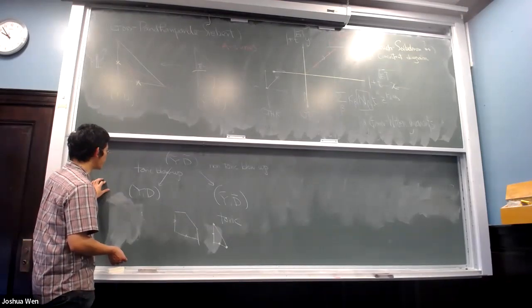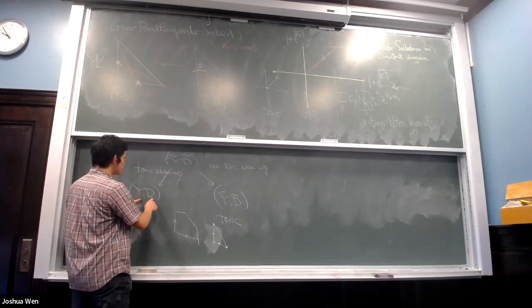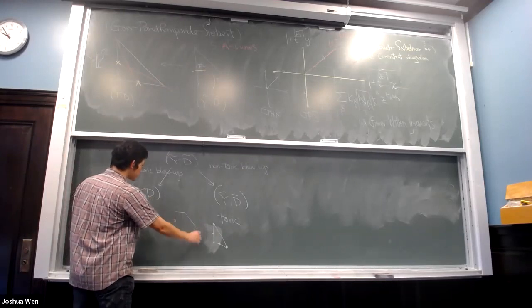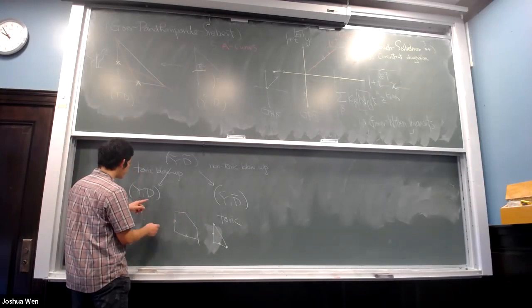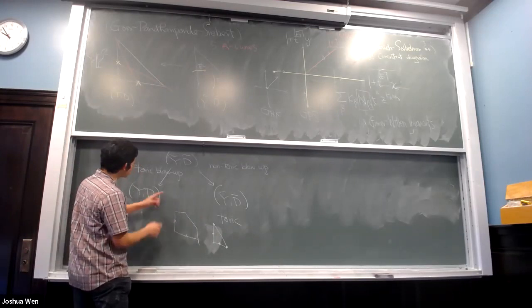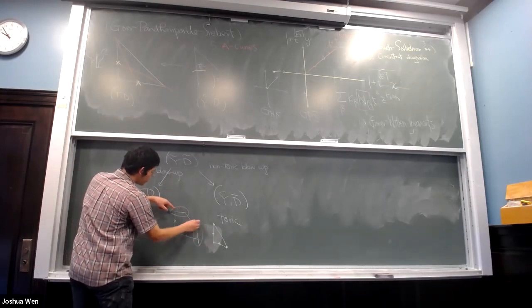Because this is a toric variety, maybe it's not a completely different example, but for example, I can contract this -1 curve.